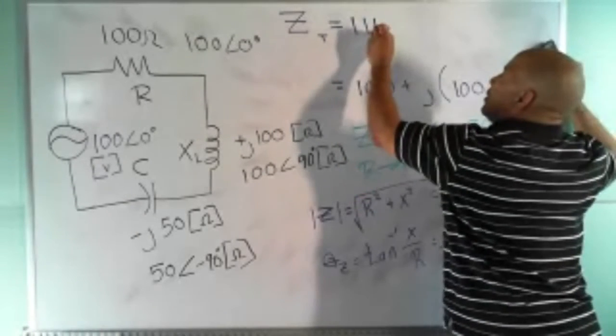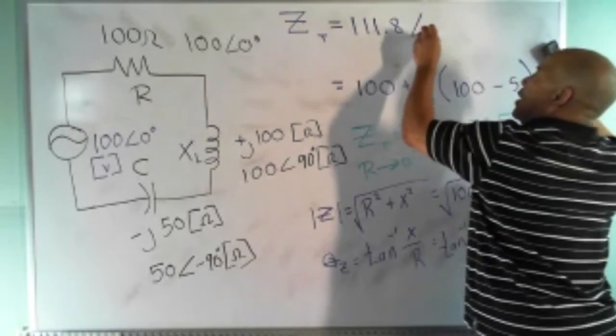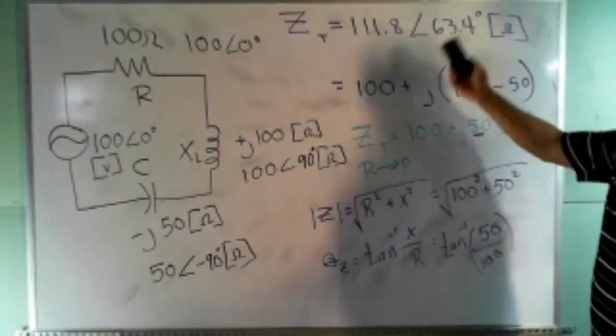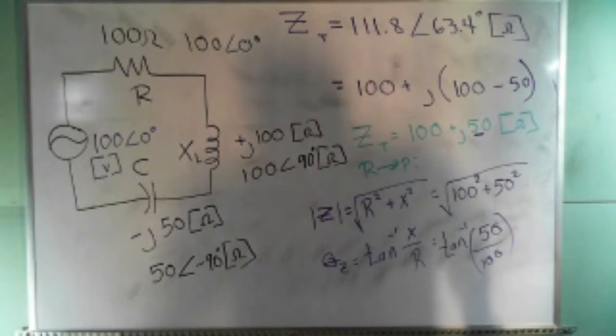It is 111.8 at 63.4 degrees. And that would be in ohms. So that's the way you want to show it. It's about 112. So there's my total opposition.